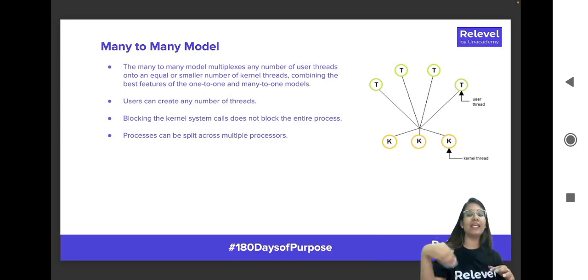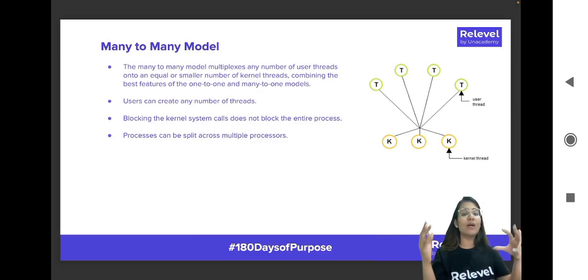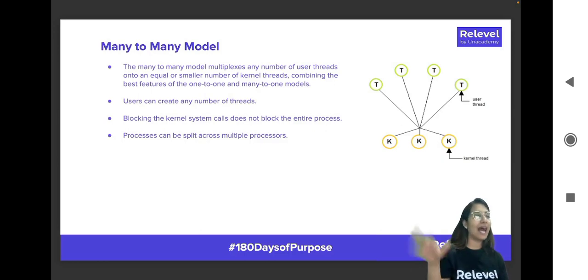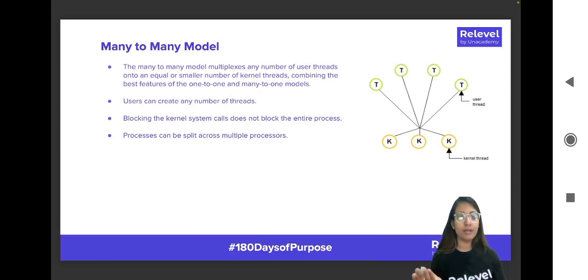You can map any number of user threads to an equal or lesser number of kernel threads, combining the features of the one-to-one model and the many-to-one model as well. The user can create as many user threads as they want, and here blocking kernel system calls do not block the entire process. The processes can also split across multiple processors.